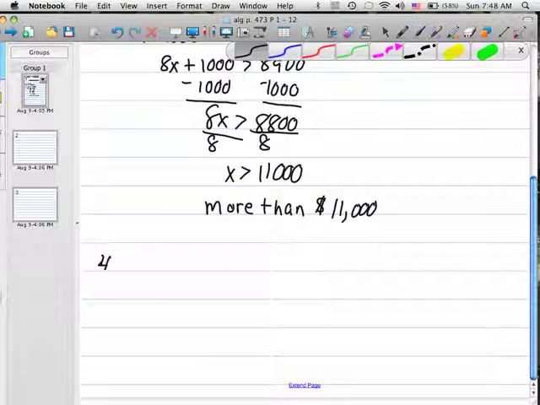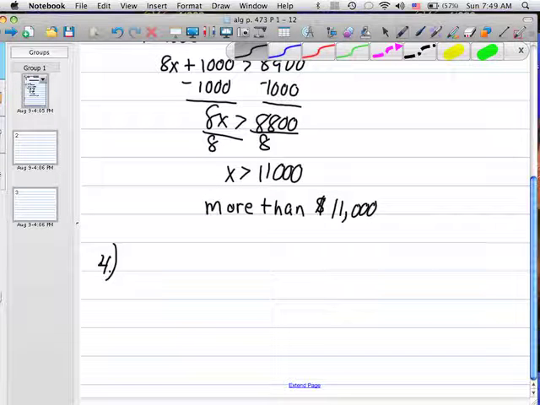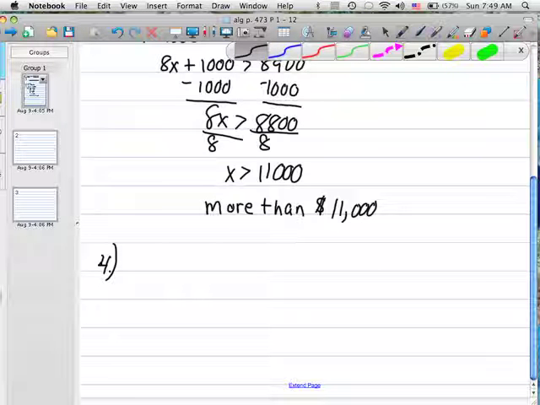Problem number 4. Jordan's salary is $1,250 a month plus a 5% commission on all his sales. What must the amount of his sales be to earn at least $1,500 each month?